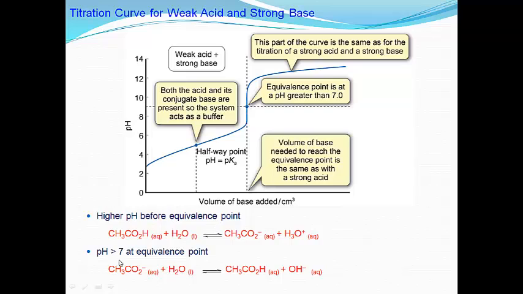The reason is that the ethanoate anions formed on ionization of the ethanoic acid react with H2O to form back CH3CO2H. Note that at neutralization there is still an excess of OH- ions, and the excess of OH- ions effectively increases the pH of our weak acid, strong base reaction as compared to that of a strong acid, strong base.